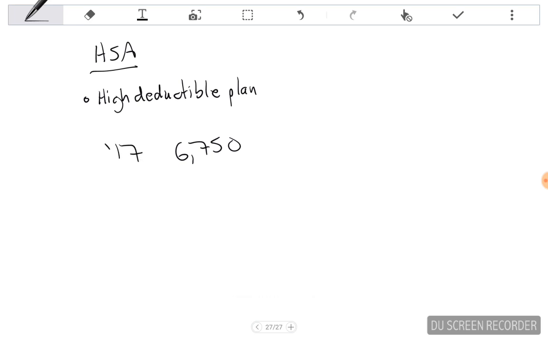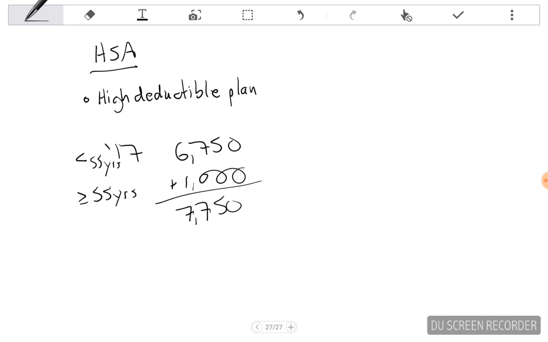And if you're 55 or older, you can add an additional $1,000 to get $7,750. And I think this is also in 2016. It's for both years. Those limits apply.